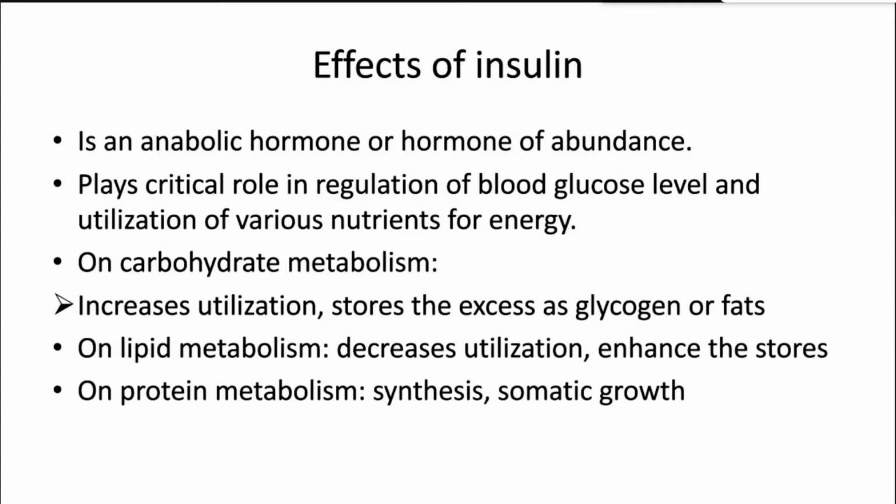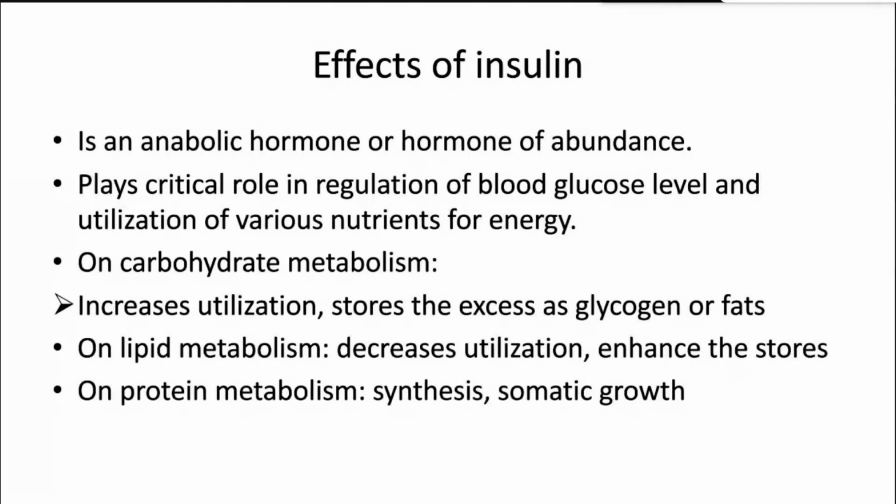When there is large availability, it will mediate its effects. And it plays a critical role in regulation of blood glucose level. We know it in relation to diabetes mellitus also, and the pattern of utilization of various nutrients for energy.